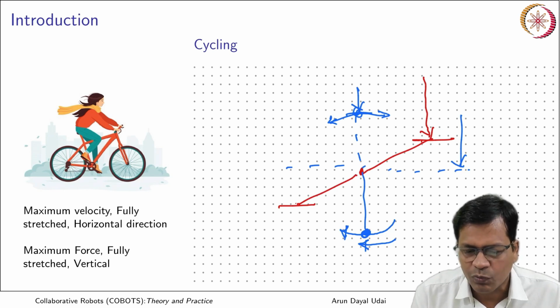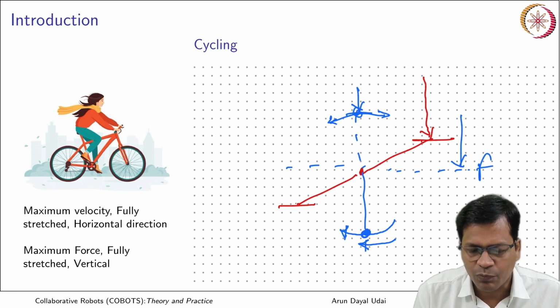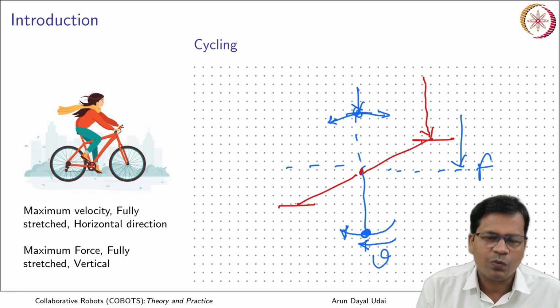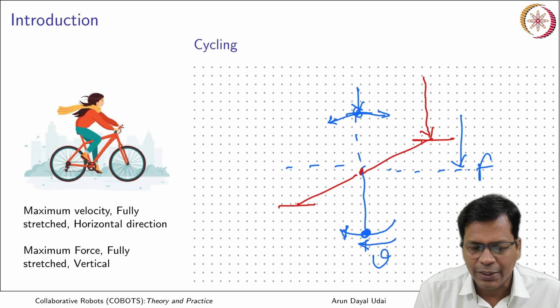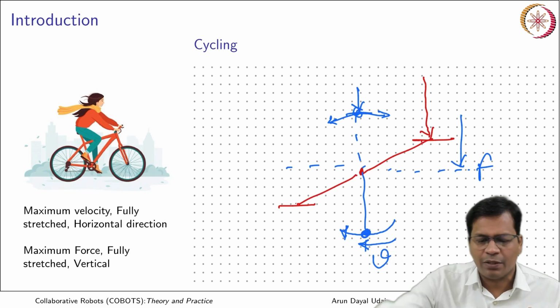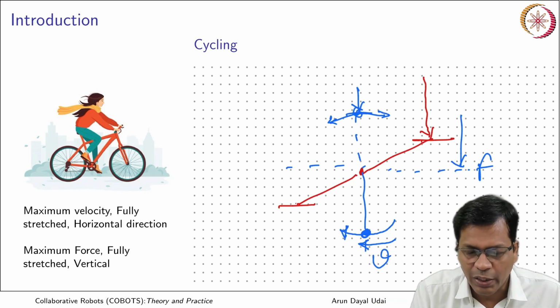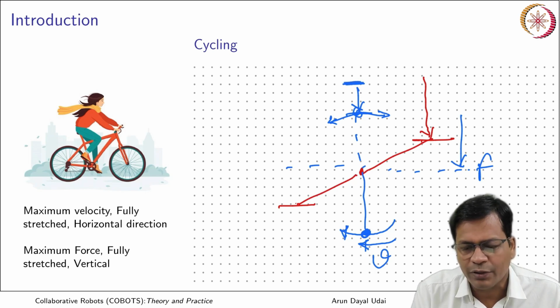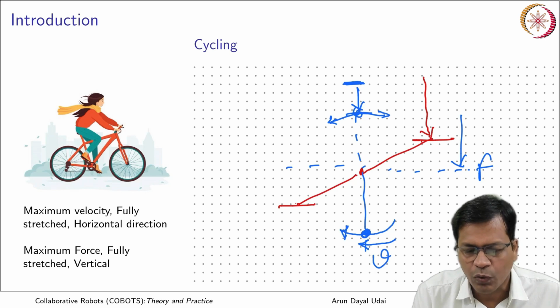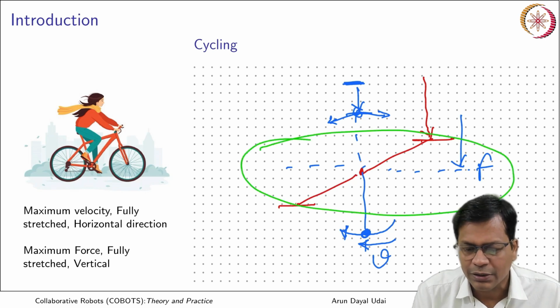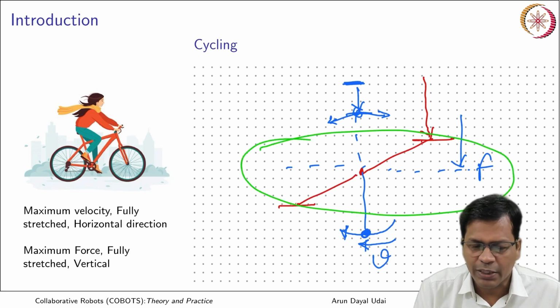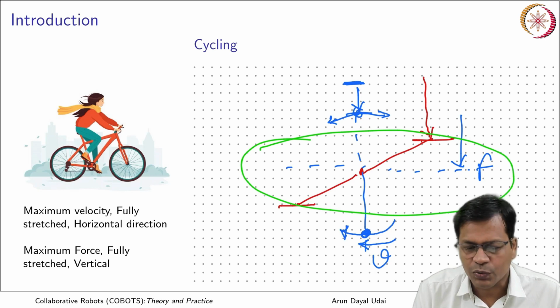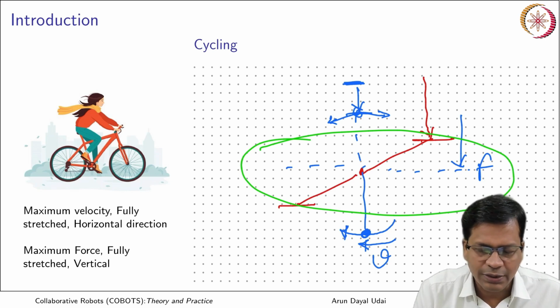This is the place where you need more velocity and your legs are fully extended, and this is the mid range where you can apply maximum force and carry the maximum amount of force. So that is cycling.